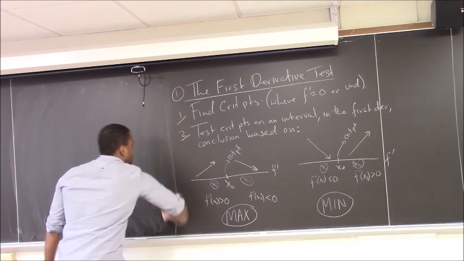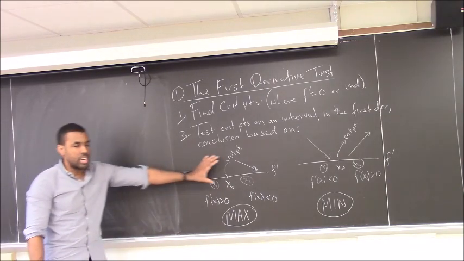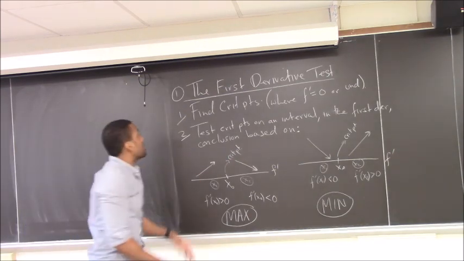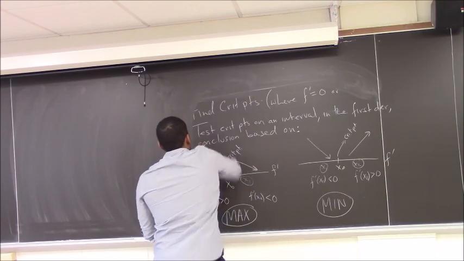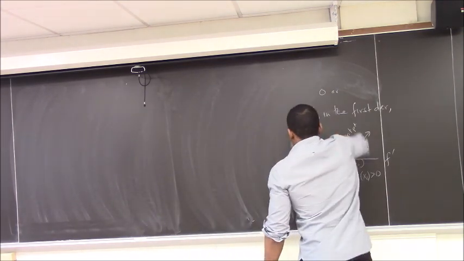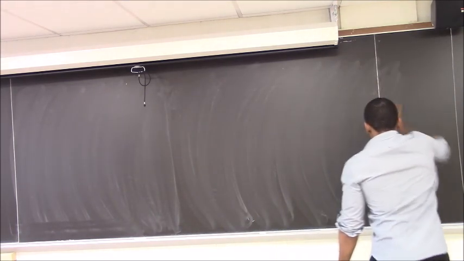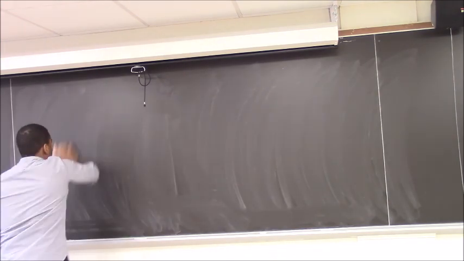Usually when it comes to curve sketching, we're never going to have to use the second derivative test because this kind of analysis we'll have to do anyway. So we'll already have all the information for the first derivative test. But we're going to apply our knowledge from these two to curve sketching.